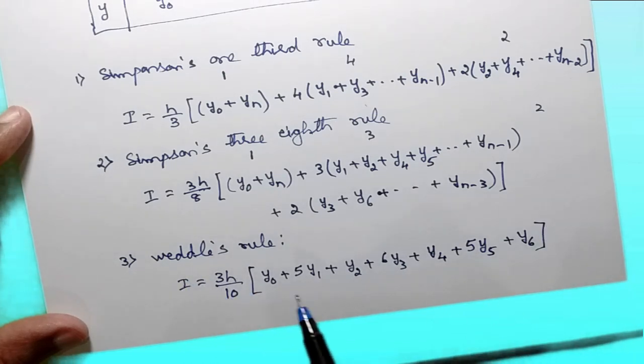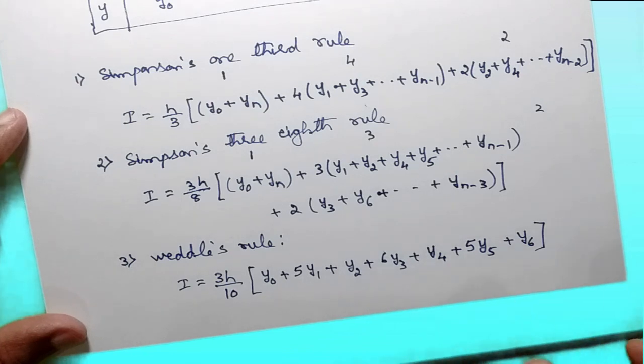So Weddle's rule is 3h by 10. Now the question is how to remember this formula. It is very easy to remember.